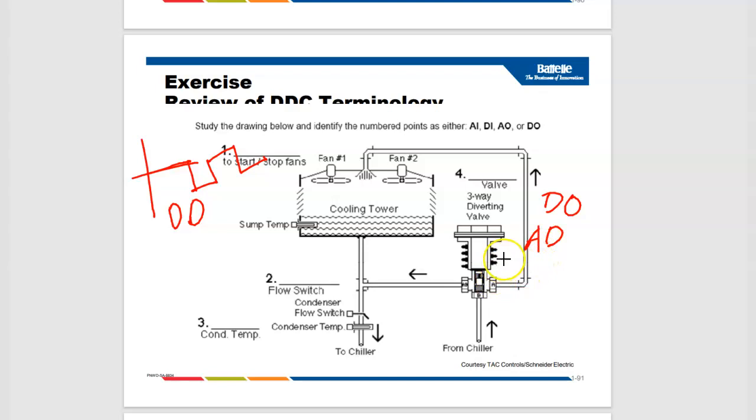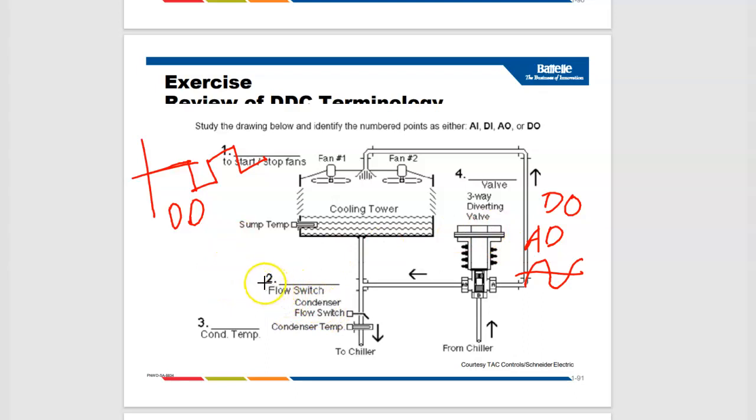You need analog output to maintain a certain position. It can open not only switch on and off, but have some level of water flow.